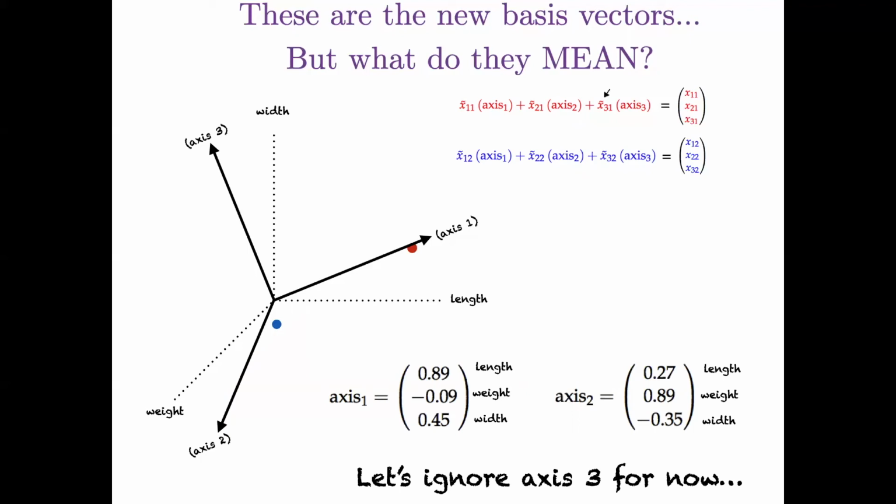So bye-bye. What that essentially means, though, is that I just changed these coordinates corresponding to axis 3. I'll just change them all to 0. And then, they'll go away. They will move out of my life forever. Okay, so now I don't have axis 3 anymore. I just have axis 1 and axis 2.